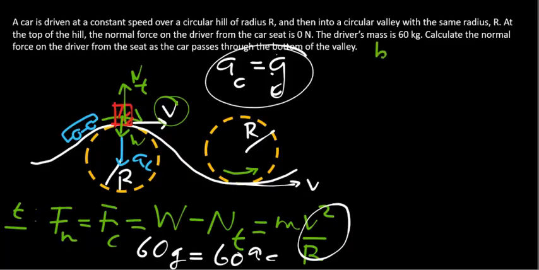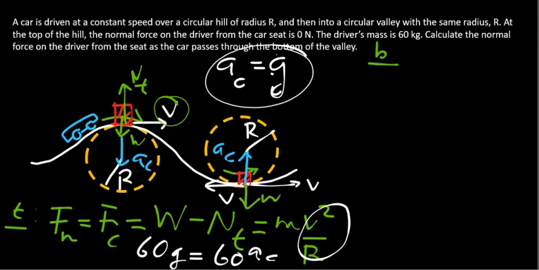Now let's see what happens at the bottom of that valley. What are the forces acting on this driver when the car is there? Now the centripetal acceleration is upward. The direction of that velocity is leftward. So what are the forces acting on this driver? One is the weight.